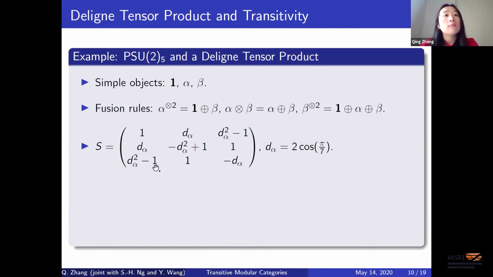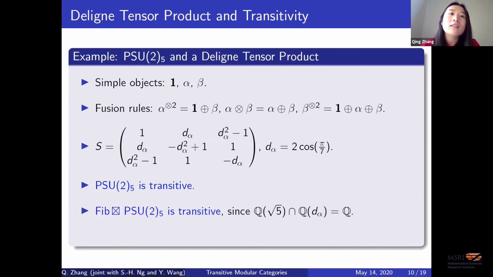And the S matrix can be given as follows. In particular, the S matrix can be written in terms of the dimension of the object alpha. And by some computation, we can show that PSU2 level 5 is transitive.